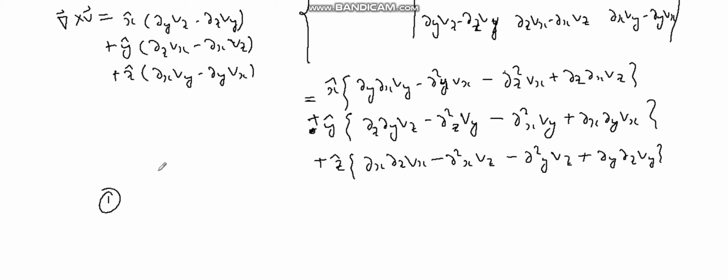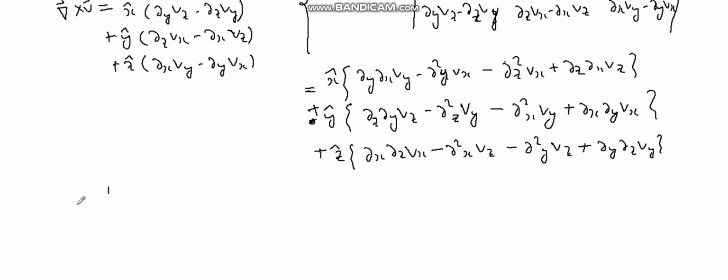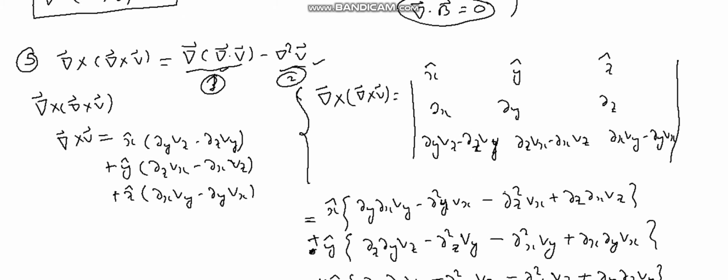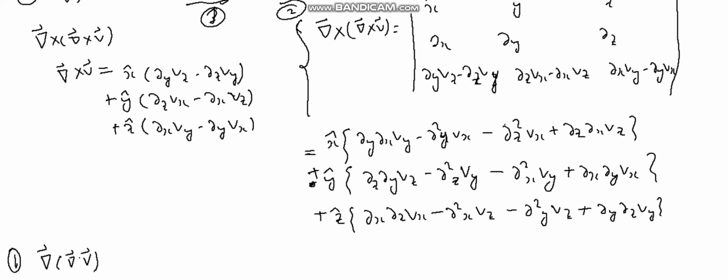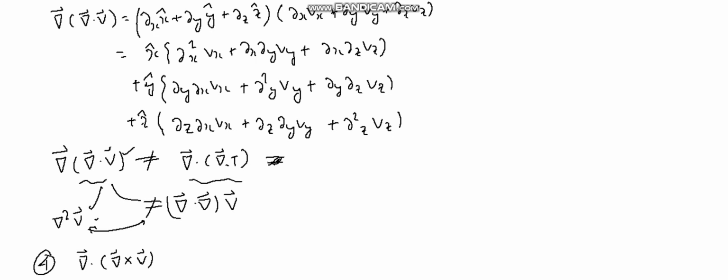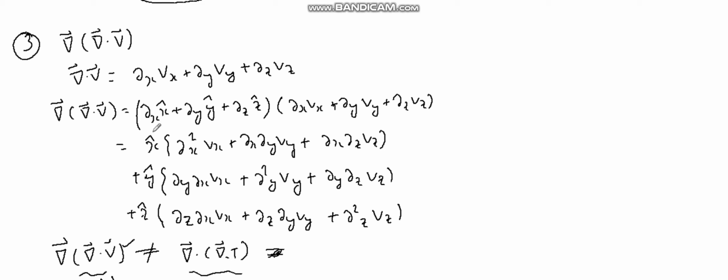which is, let's write it here, we'll take this 1, which is del, the gradient of this divergence. So what it is going to be, we have already calculated it, so it is this term.